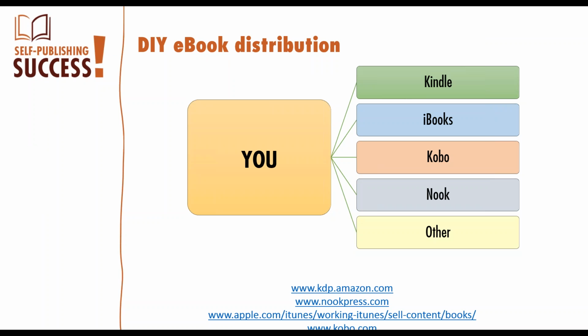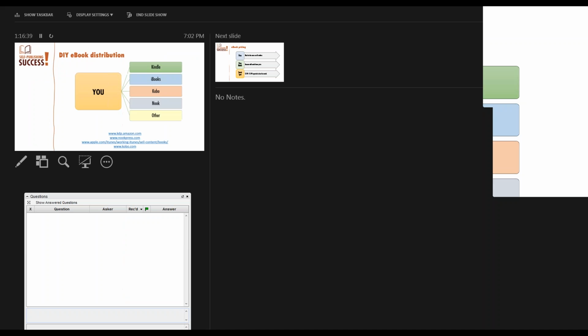You just go up there and create an account, enter the information about your ebook, the title, the description, the price, and upload your ebook file to them. Then when money is paid, they're paying you directly, and there's no middleman such as a distributor taking a cut. So I do suggest you do that yourself, especially for the Kindle.